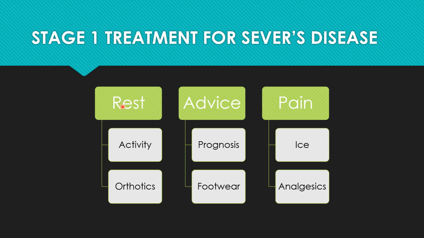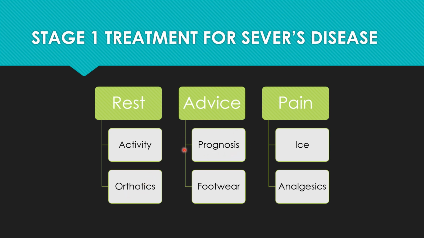So rest, so the first thing we want to do really is to look at the activity levels of the child, and we will have already done that as part of our clinical history. We can maybe invite the child and parent to look at modifying their activity to try and engage them in a form of partial rest. Orthotics to me play a major role in helping them mitigate the mechanical load on the apophysis, and I'll come on to that in the next slide or so.